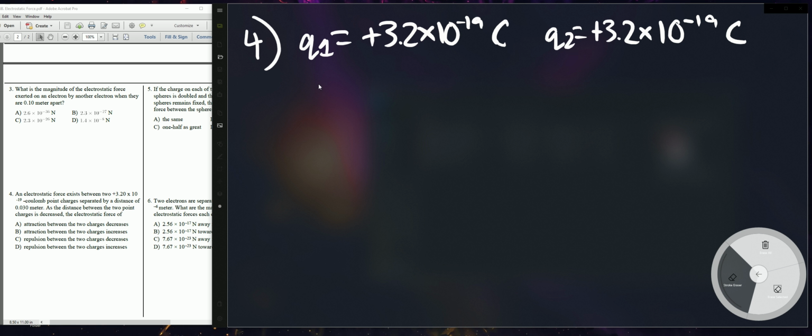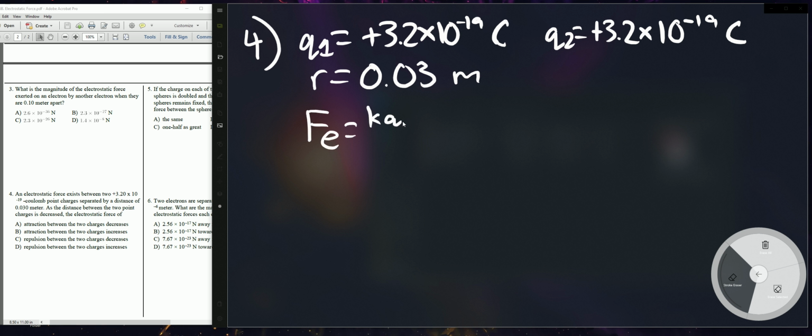They are separated by a distance of 0.03 meters, and the distance between the two point charges is decreased. So as your distance decreases, what happens to your electrostatic force? Well, guess what? Let's look at this formula right here. This is a conceptual question. So k q1 q2 over r squared.